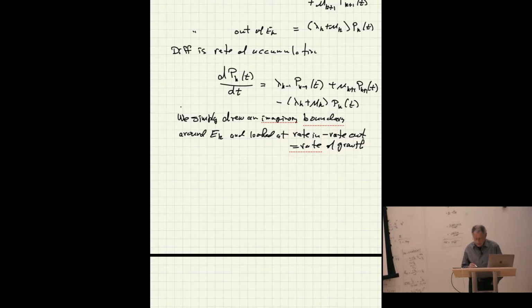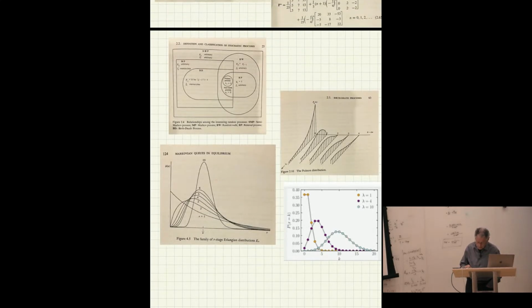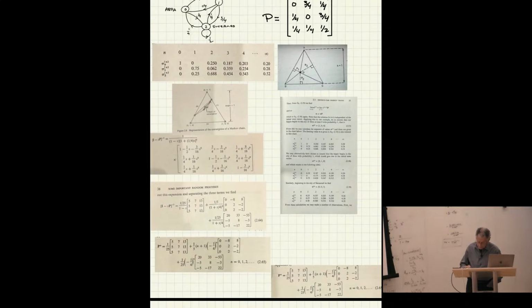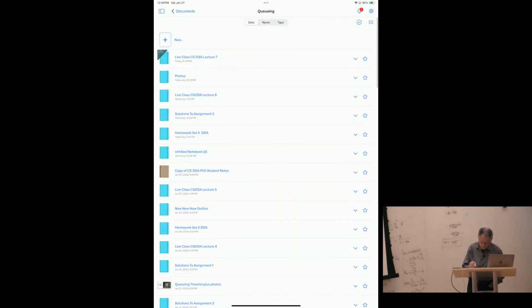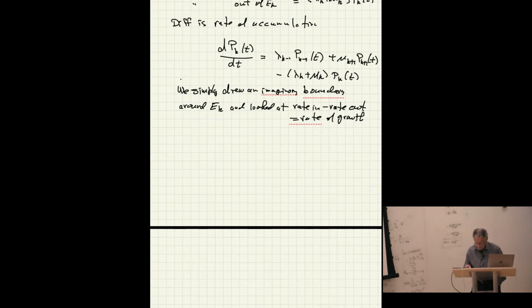Now I will remind you that that was a picture we saw very early on. I don't have a copy here, so I'll just do it again. If you remember, I had that picture.